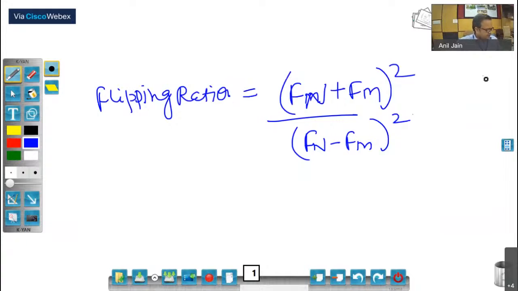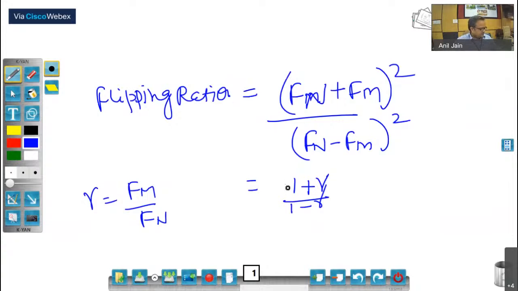Now let me define gamma as Fm divided by Fn. So I can write it as (1 plus gamma) upon (1 minus gamma), squared. Now suppose you have Fm which is very, very small in comparison to Fn.